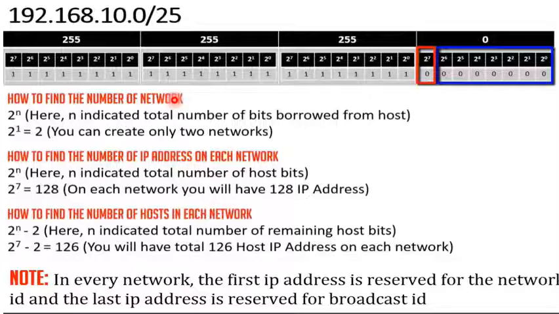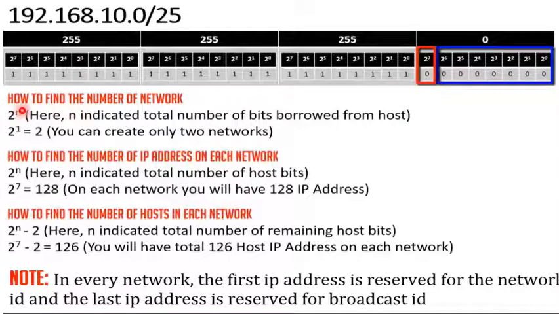According to this example, the first concept is how to find the number of networks. The formula is 2 power n, where n indicates the total number of bits borrowed from host. What is the CIDR value? 25. Already we have 24 bits for network bits, so 1 bit is borrowed from host.